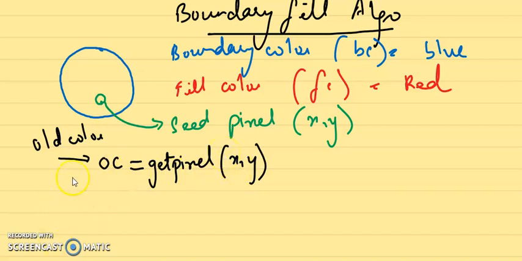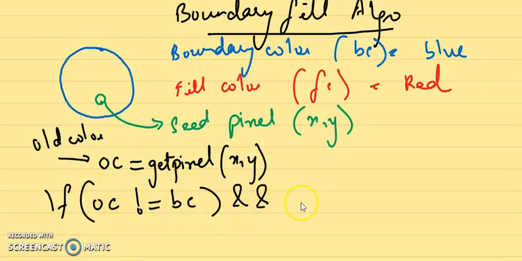One condition that I'm going to check: if OC is not equal to BC and OC is not equal to FC. Now what does this mean?